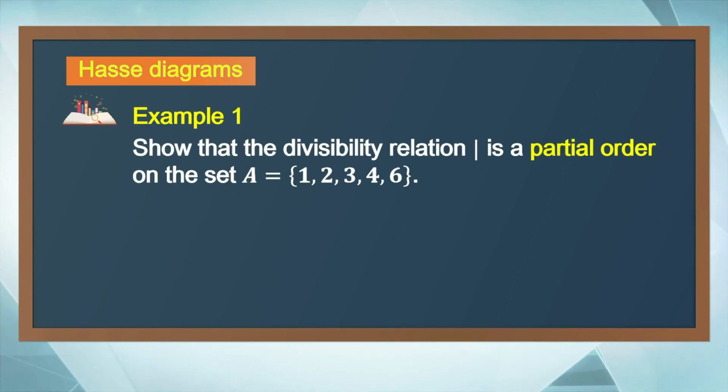Show that the divisibility relation is a partial order on the set A. It is easy to see that the divisibility relation is reflexive, antisymmetric, and transitive. So it is a partial order on set A. What are the ordered pairs in this relation?